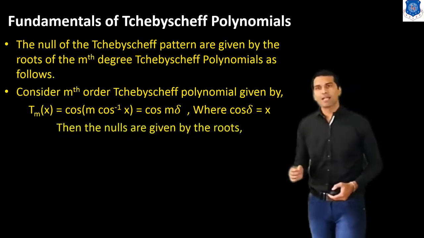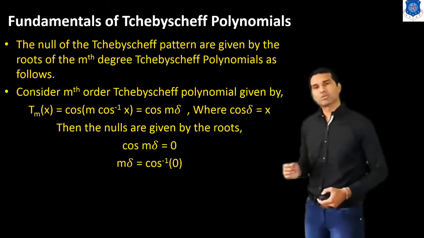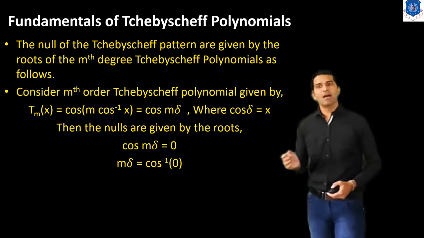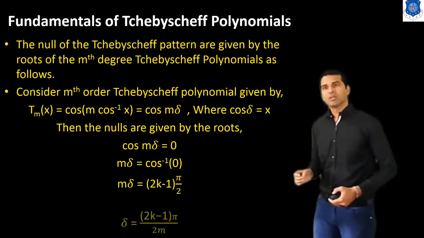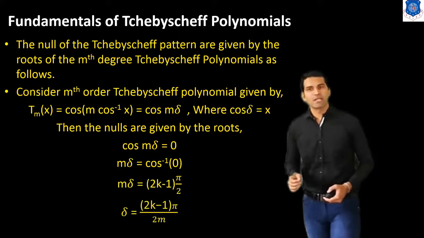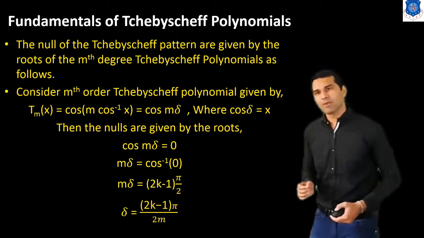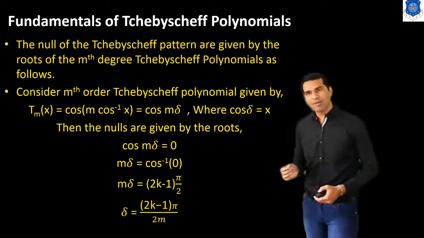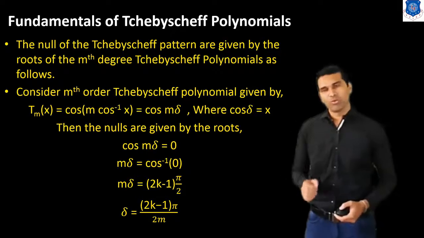Then the nulls are given by the roots of cos(m delta) equals 0. So m delta equals cos inverse 0, which is (2k minus 1) times pi by 2. So delta becomes (2k minus 1) pi upon 2m.